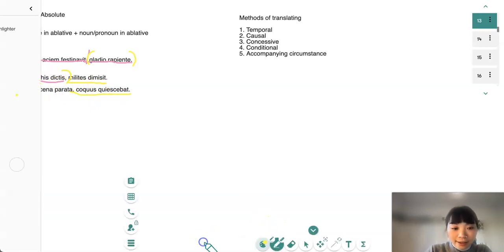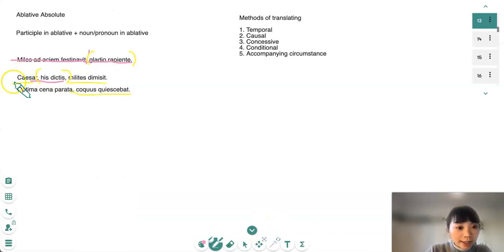And then again, ablative absolute here. Cena is our noun, and that is in the ablative. And then parata is our perfect passive participle, and that's also in the ablative. And then optima is also in the ablative, but this is an adjective and it's agreeing with cena, and that is perfectly okay too.